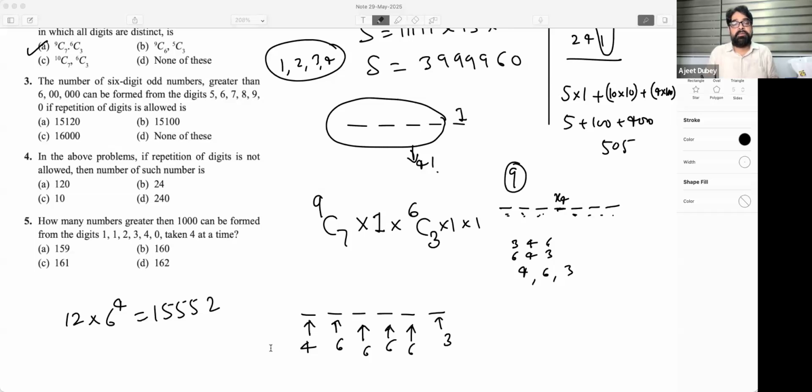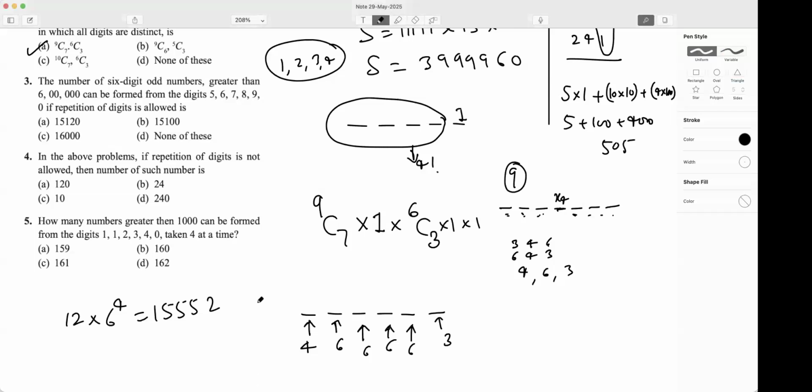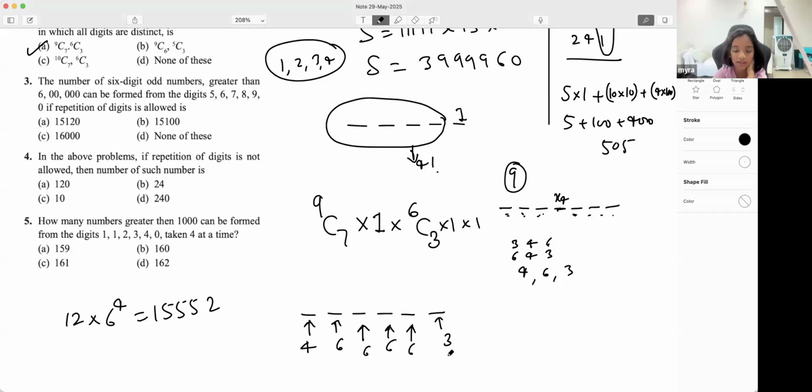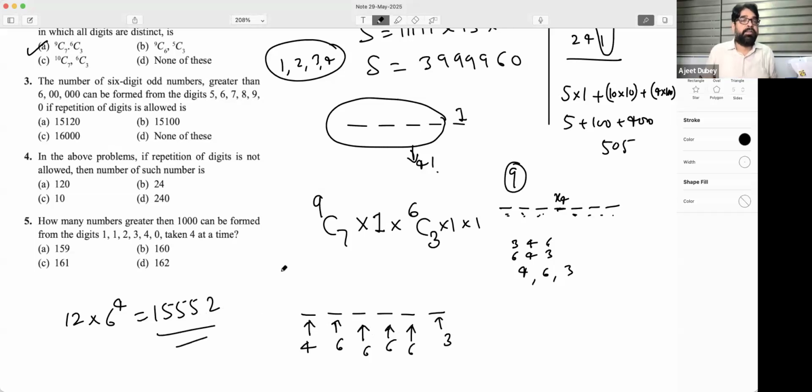Sir, it says greater than, so I think it is not included. 600,000 is not included, I guess, because this place I'm not filling by 3, so it can't. Yeah, so this will be the answer. So the answer will be D, and the correct answer is 1,552.